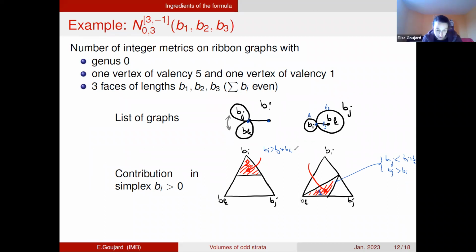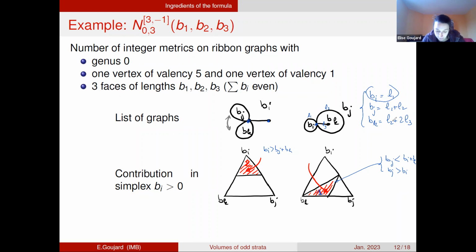Let me rewrite the equation. So here L1 is determined by this equation, and then L2 is determined, at the condition that Bj is greater than Bi.